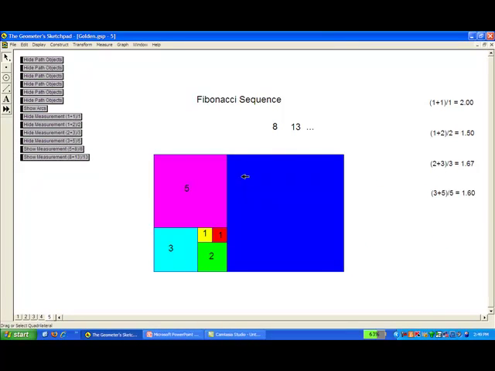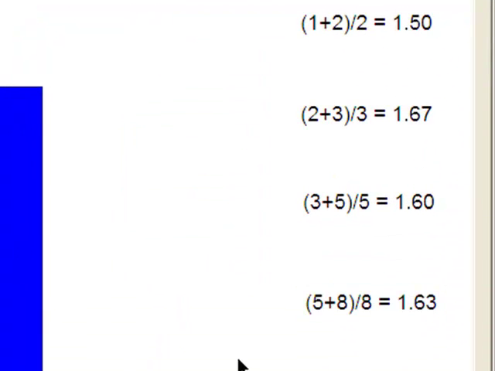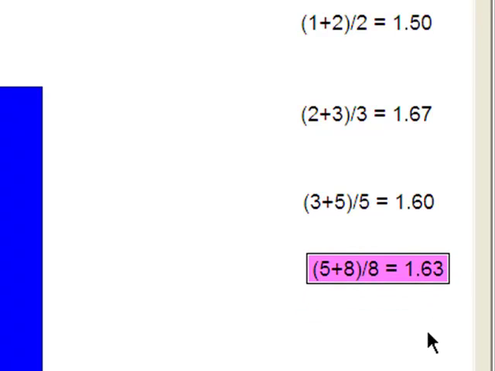Now we'll add on the 8 by 8 square. And again, we'll take the ratio of the long side by the short side. This time we get 5 plus 8 over 8, which is 1.63.